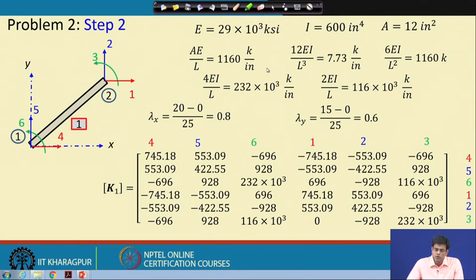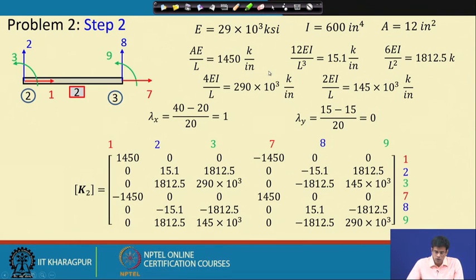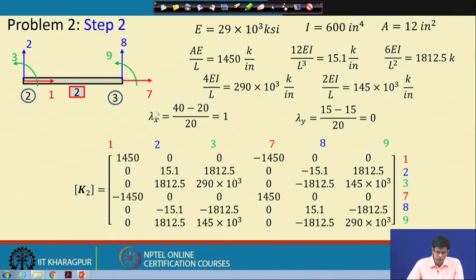Now similar to this case, we can find out the stiffness matrix for element 2. In element 2, again with the help of coordinates you can find out lambda x and lambda y, and since the length will be changed, because that was an inclined length we considered there, these quantities will also change, even though E, I and A remain the same as member 1.